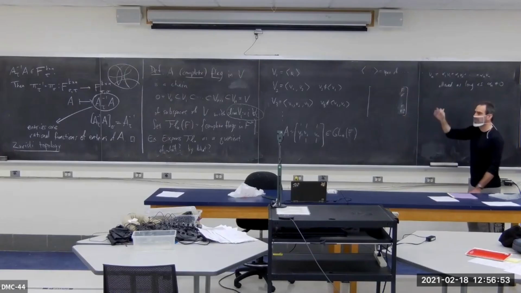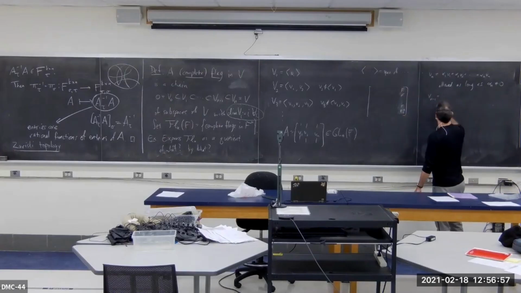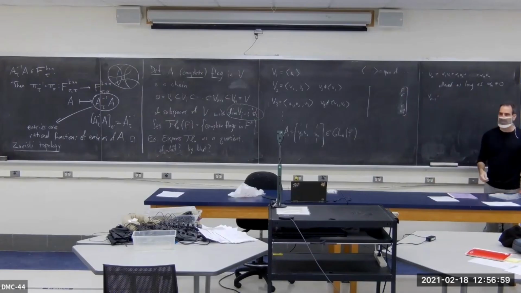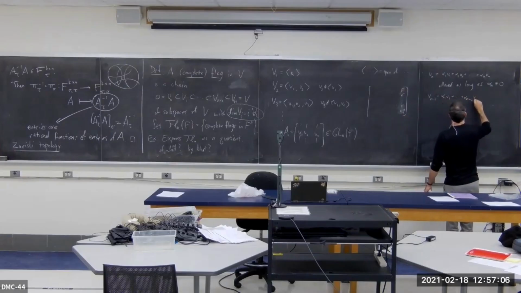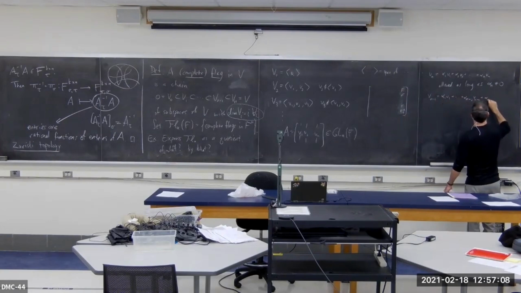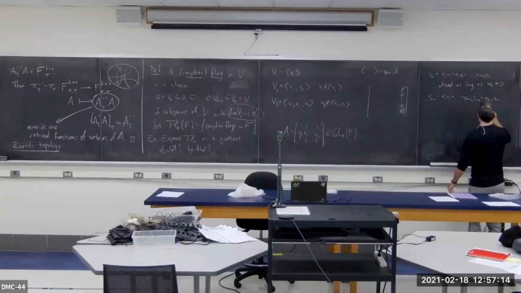What do you know about the previous one? What about Vn minus 1? All we need is, this is allowed as long as alpha n minus 1 is not 0.